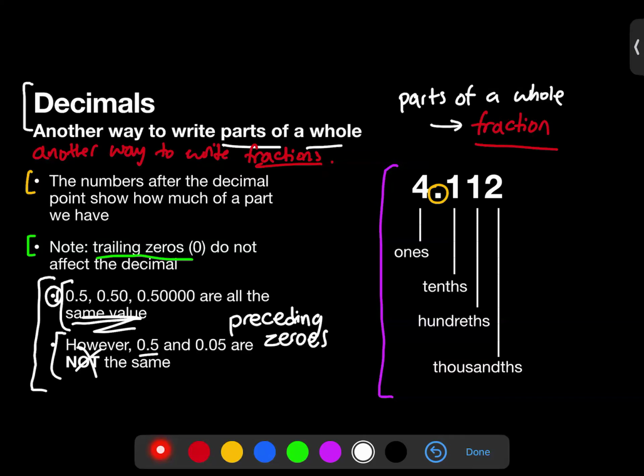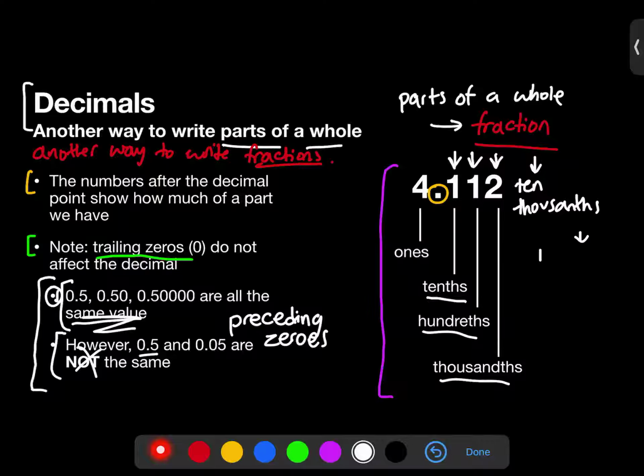The first number after the decimal is called the tenths place. The second place after the decimal is the hundredths place. The third value after the decimal is the thousandths place. And then the fourth one would be the 10,000ths, for example.